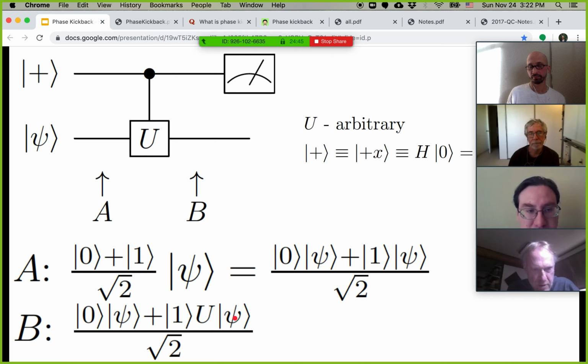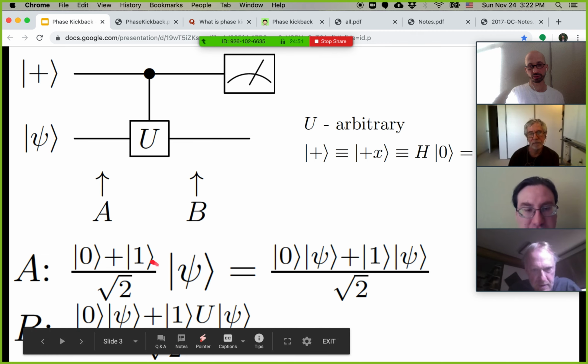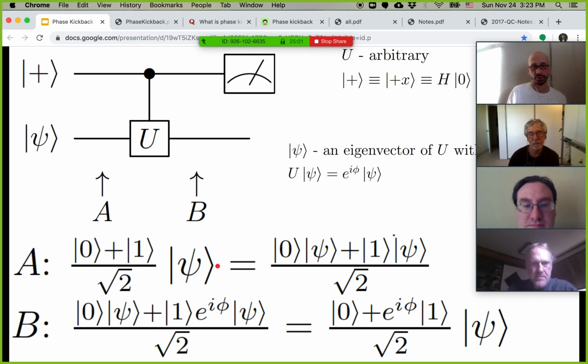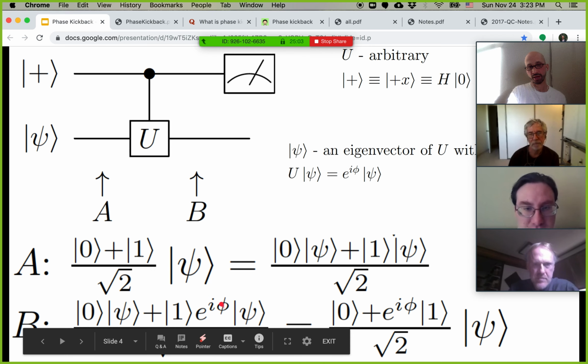So it's gone. I mean, we cannot factor it out. Yes, it's a new vector or new state. Now, in this case, in the eigenvector case, we actually can still factor psi out, which I did right here, because e to the i phi is just a number.